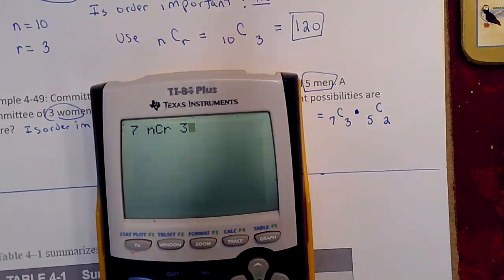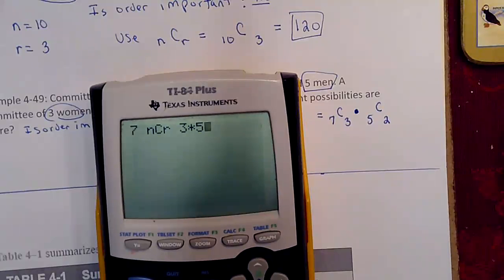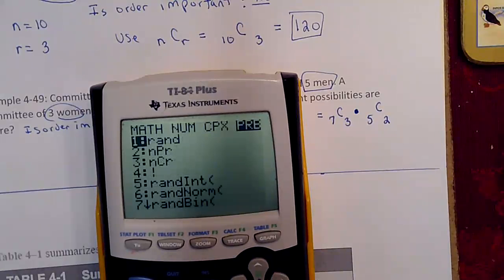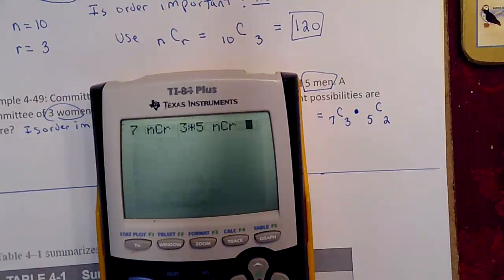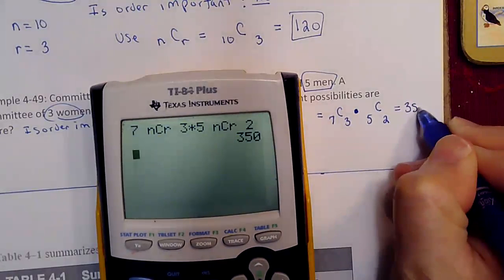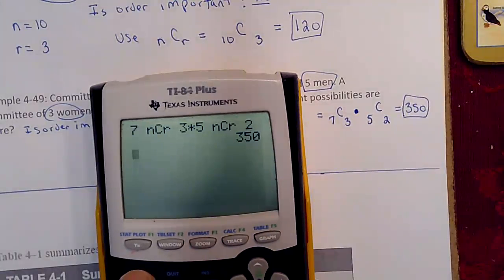So here I believe we do need a times 5, then math, and then probability, and then number 3, and then 2, and then enter. They're supposed to get 350. Let me do a second enter.